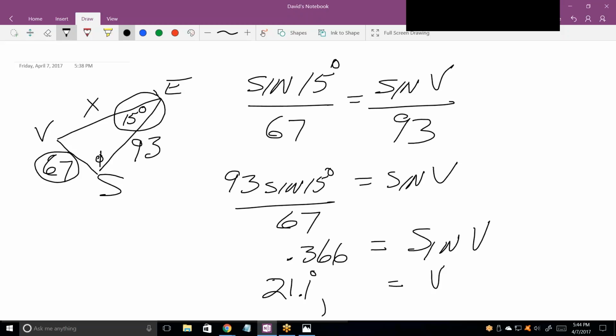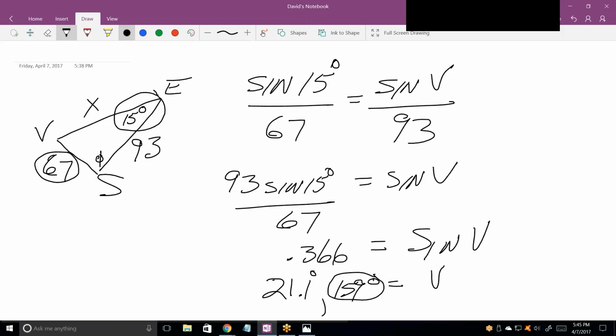You have to get the second angle also, which is the supplementary angle to this one. What is that? It's about 159 degrees. Now the question is will that fit in our triangle?